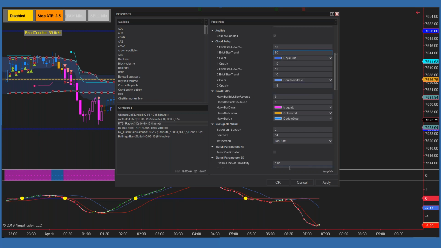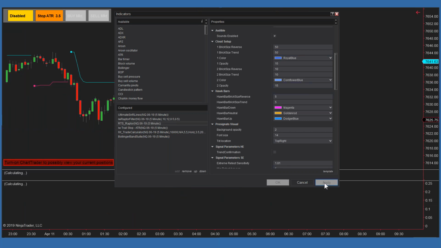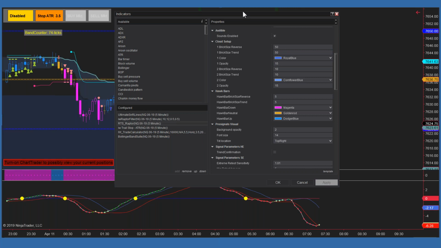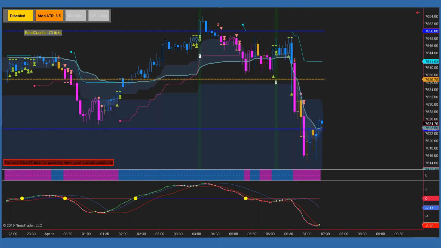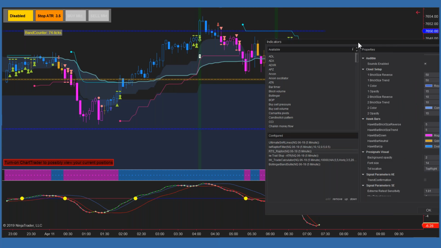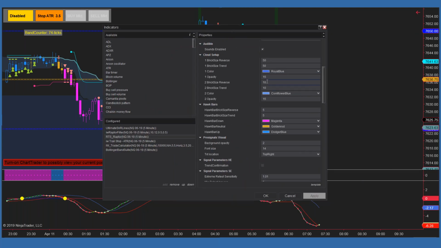I'll do just the one and see what that does. How does that make the chart look? Okay, well, not very good. So let's dial up the other one. Let's make the fast cloud 25, the slow cloud 50.